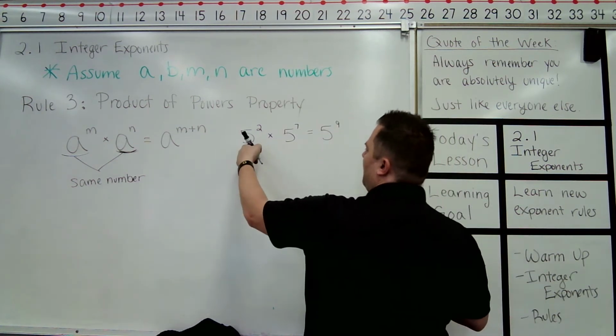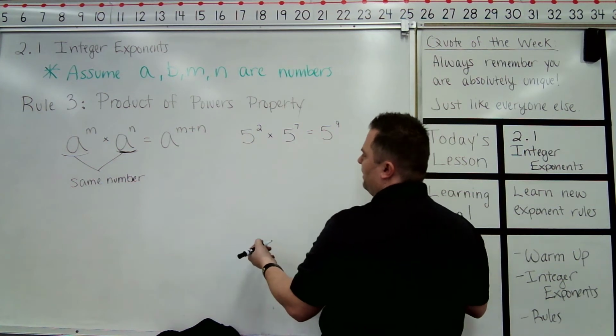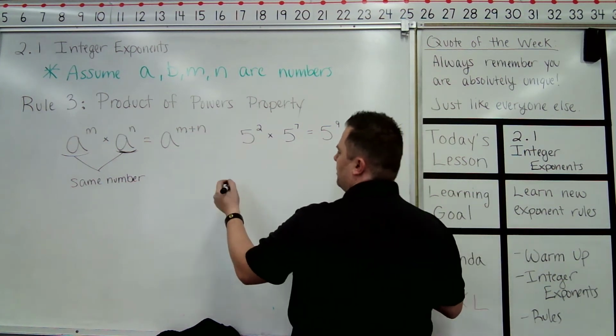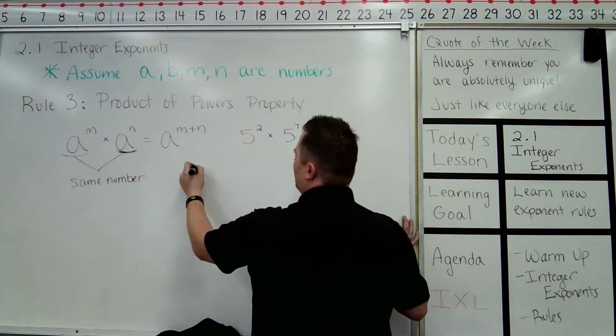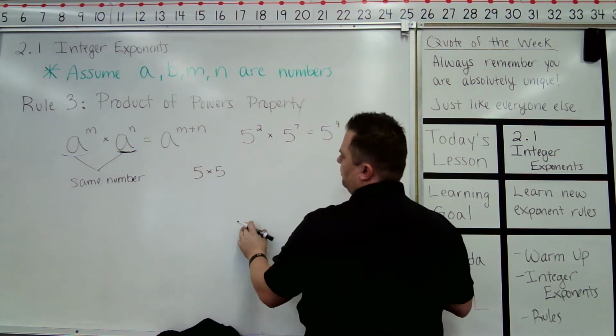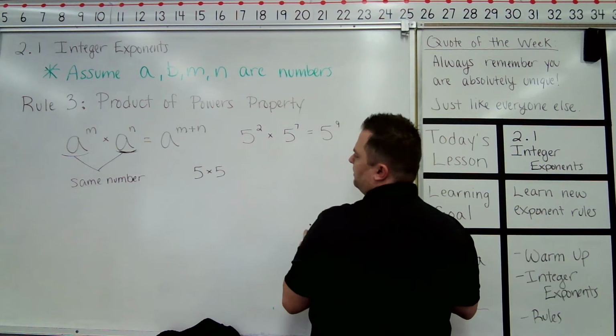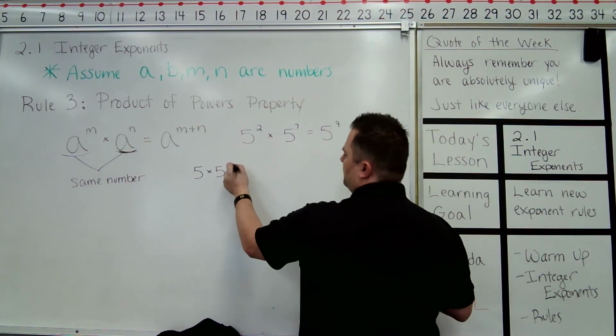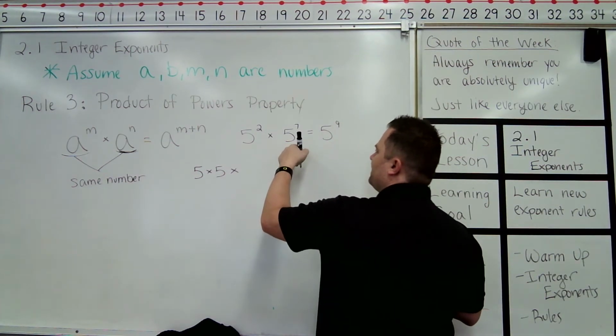Well, let's think about what 5 squared is. What's another way to write that? We can think of 5 squared as 5 times 5. This part here is 5 squared. And I'm going to multiply that times 5 to the 7th.